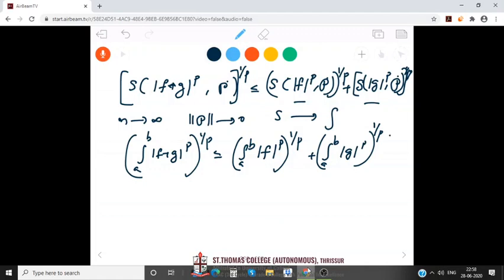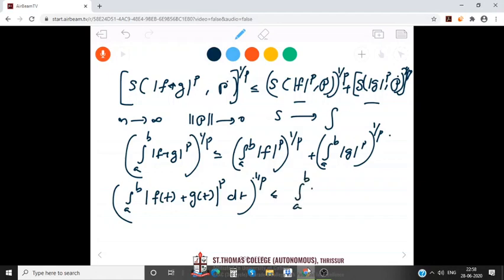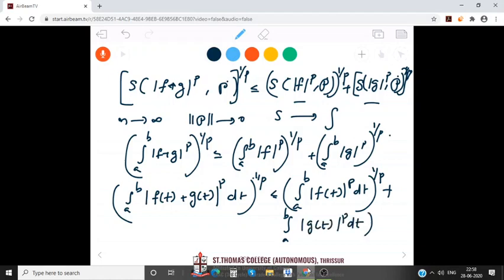If we write it in detail, we get the integral a to b of the modulus of f of t plus g of t to the power p dt, the whole power 1 by p, is less than or equal to the integral a to b of the modulus of f of t raised to p dt, the whole power 1 by p, plus the integral a to b of the modulus of g of t raised to p dt, the whole power 1 by p.